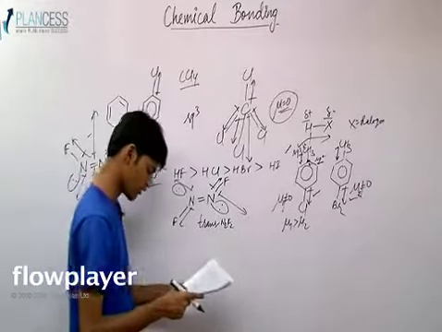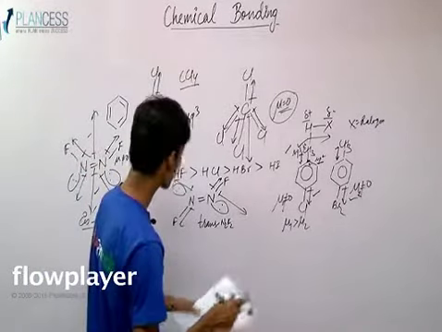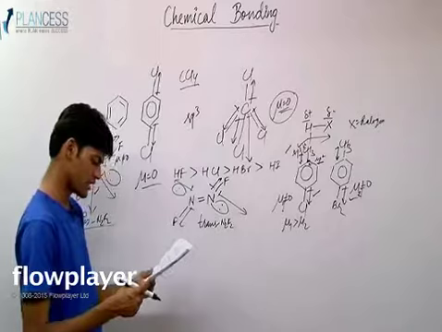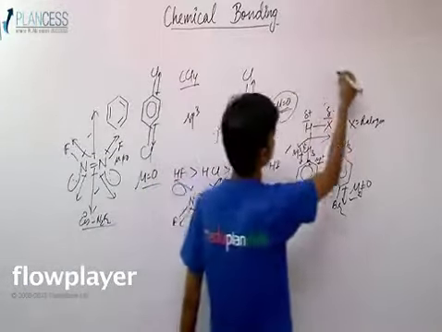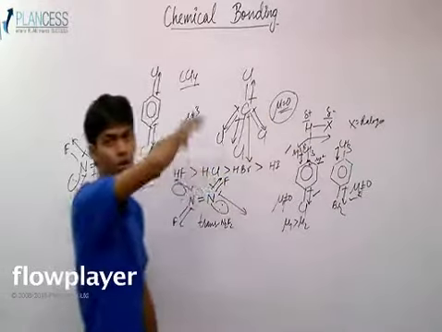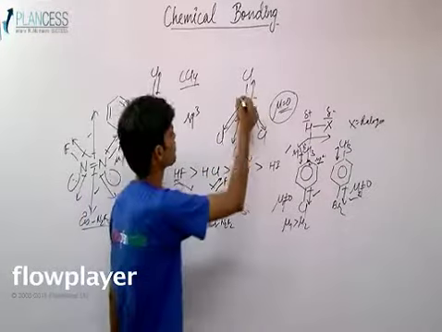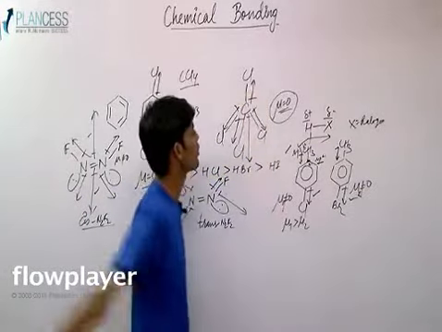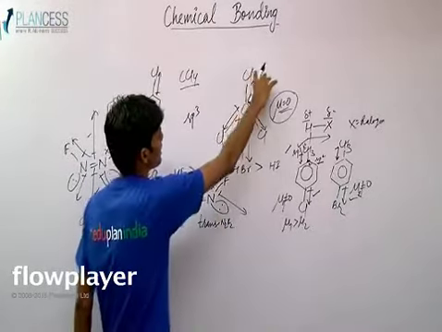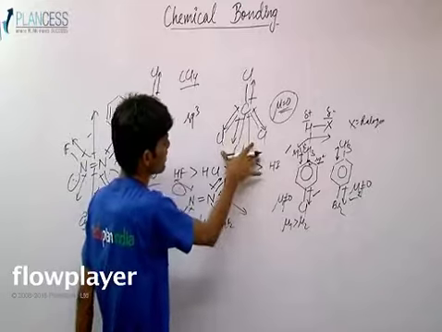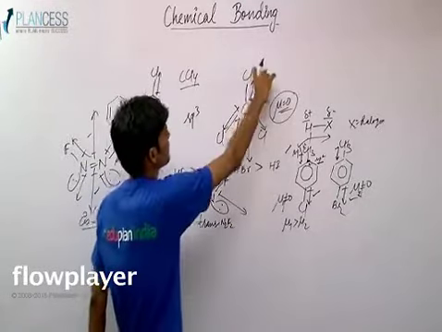A few important points about dipole moment: it is possible that the bonds are polar, but the overall molecule is non-polar. You can see that here the C-Cl bond is polar, but CCl4 on the whole is non-polar, because the resultant of these three dipoles cancels out this dipole.